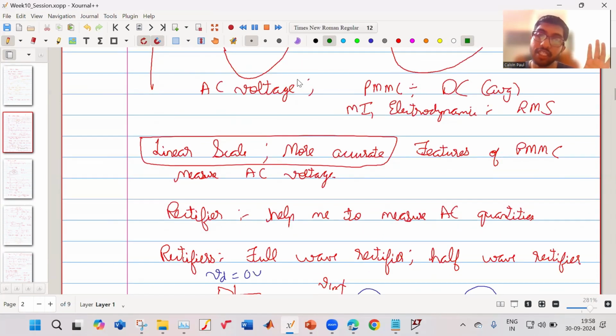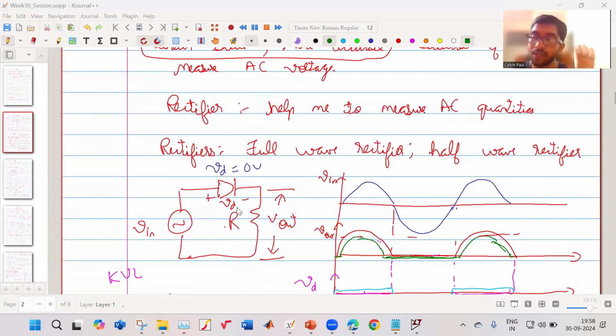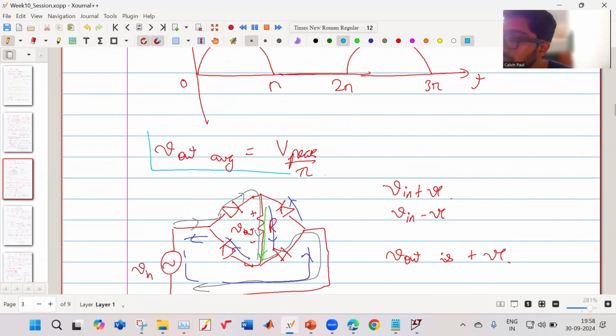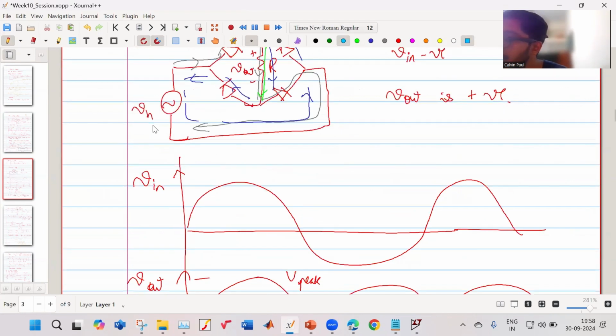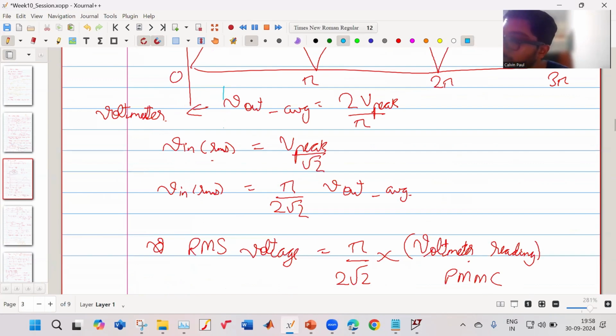Then if there's an AC voltage and we want to use a PMMC because of its linear scale, what we have to do is use a half wave rectifier or a full wave rectifier. So the equation for a half wave rectifier is given by this, and the equation for a full wave rectifier is given by this.